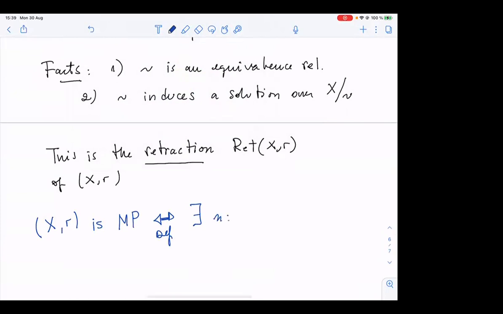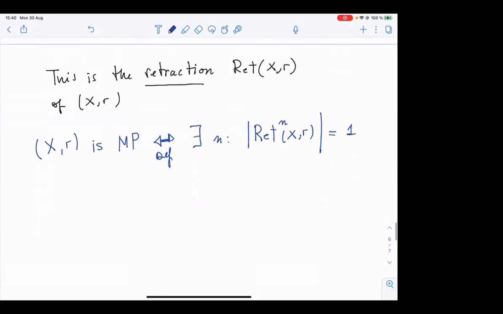That is, there exists n such that if you apply n retractions to the solution X, you get just the trivial solution over the set with one element. This is just applying the retraction several times.